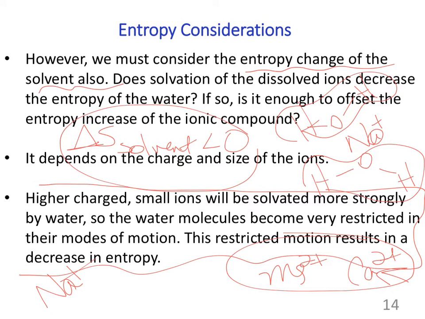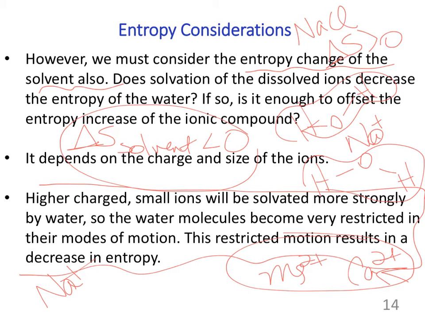So if you're talking about dissolving something like sodium chloride, you can almost always assume that the entropy change will be favorable, both overall for the solute and the solvent.